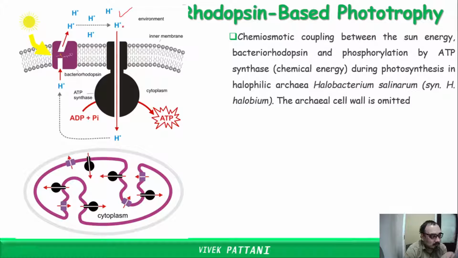But in this case, the electron transport chain is not involved, and chemiosmosis occurs directly, that is, the production of ATP. Again, these hydrogen ions are pumped out by the bacteriorhodopsin to the outside of the cell.